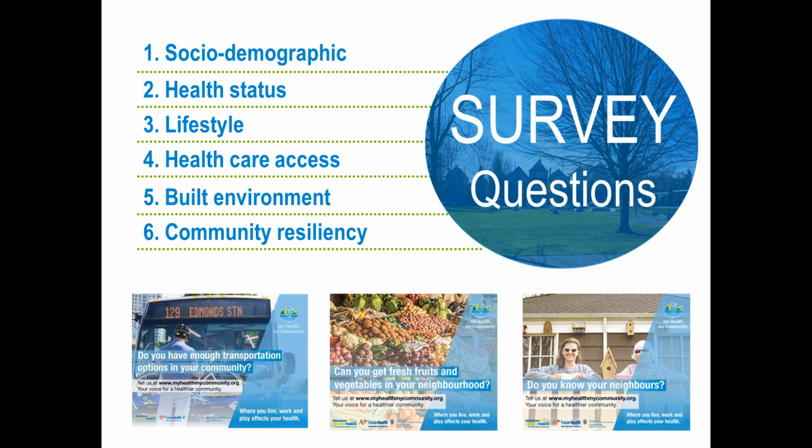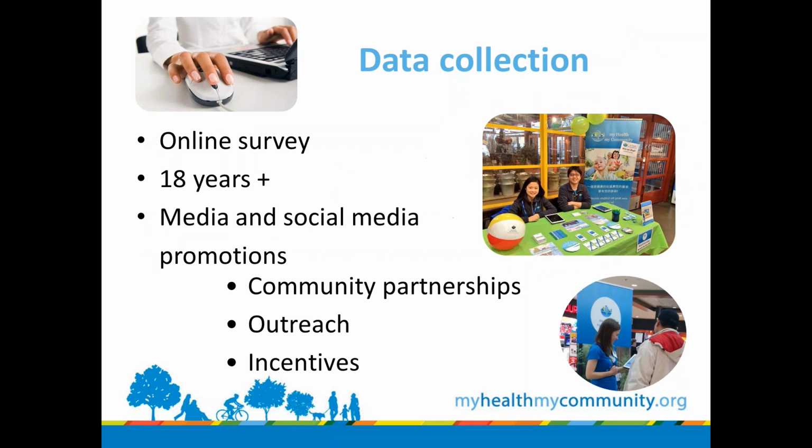Specific built environment questions, and that's why we're bringing this here today to share. And those kind of questions are about distance they live to bus stops, how they commute to work. And then finally, community resiliency, so how comfortable they felt in the neighborhood. Did they feel connected? How long did they live there? So trying to get at some of the type of information we haven't had access to before for our neighborhoods.